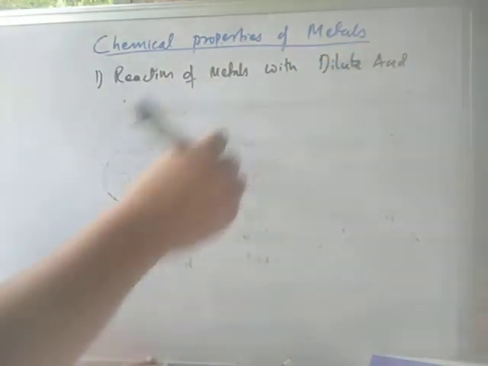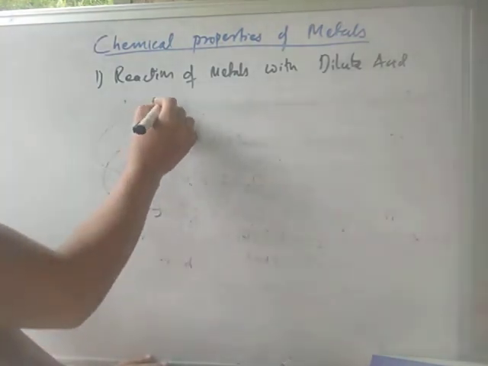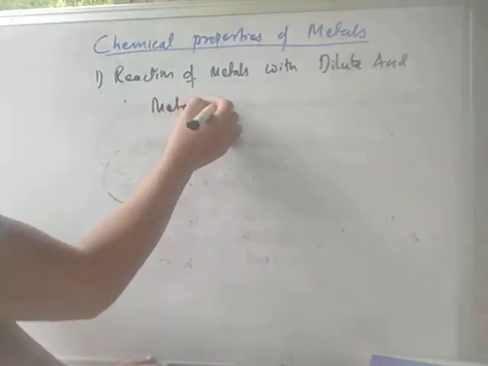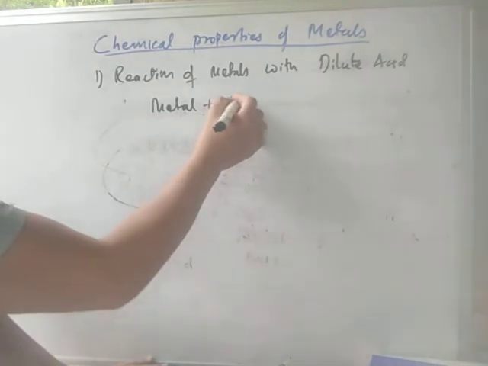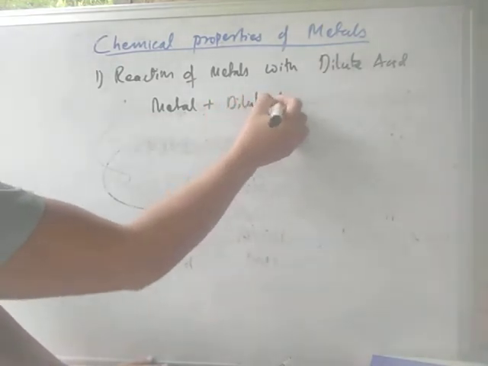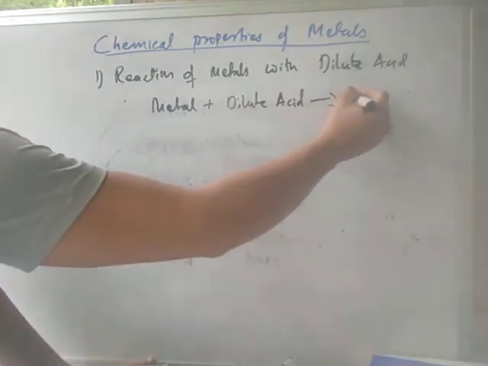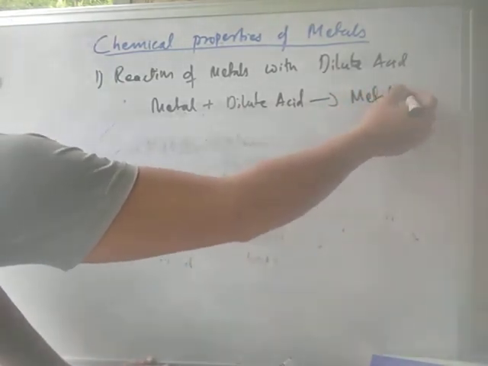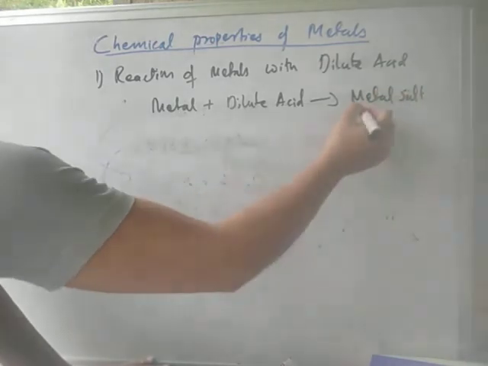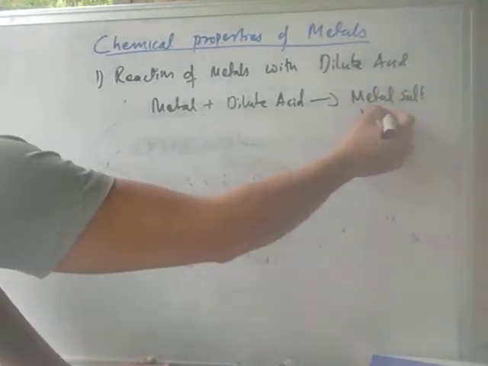What happens? Whenever metal reacts with dilute acid, it gives metal salt plus hydrogen.